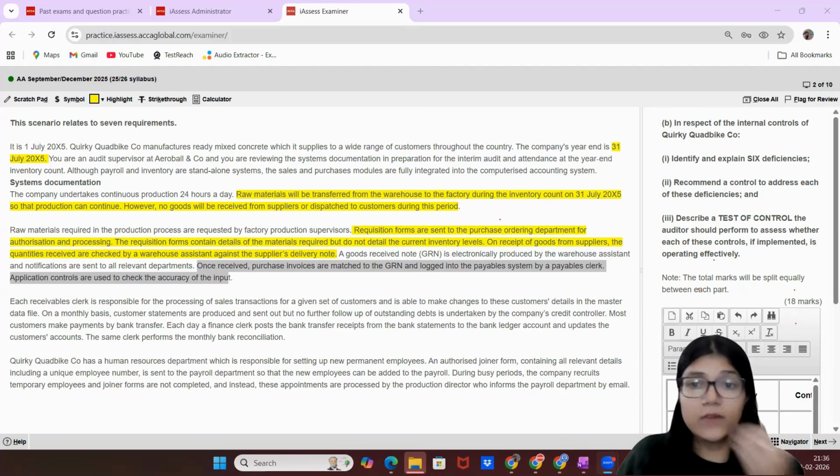If my supplier is not receiving the amount on a timely basis, or I am not paying my supplier, then it is going to lead to loss of supplier goodwill. Thank you, Adiba.